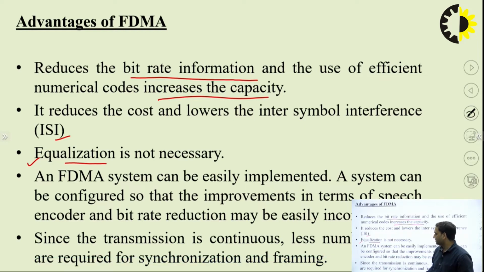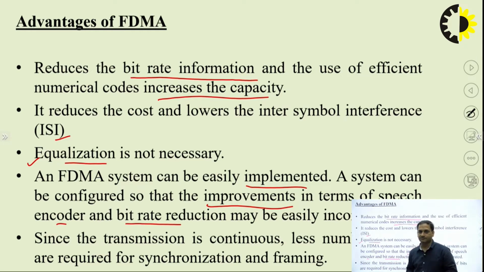Equalization is not necessary in the FDMA system because ISI is already reduced. The FDMA system can easily be implemented, and it can be configured so that improvements in terms of the speech encoder and bit rate reduction may be easily incorporated. Since the transmission is continuous in nature, fewer bits are required for synchronization.